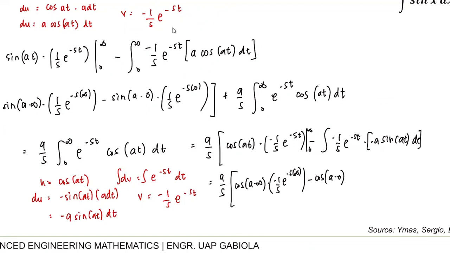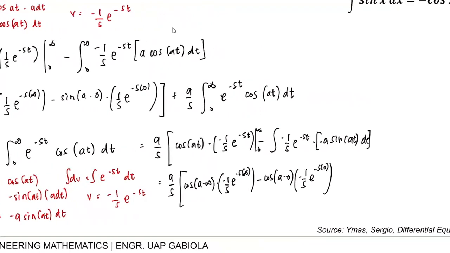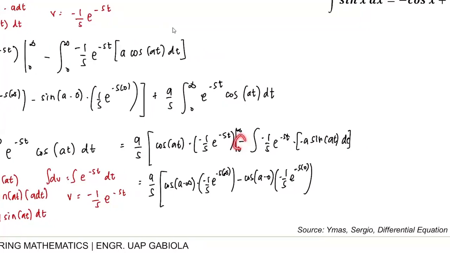Then we have negative 1 over s e raised to negative s times 0. Okay? And then in the next term, we have negative times negative 1 over s, 1 over s times negative a. So that will be positive, negative. So negative a over s.